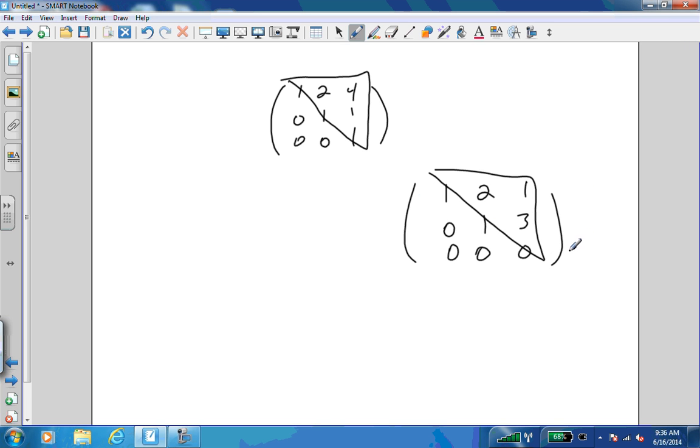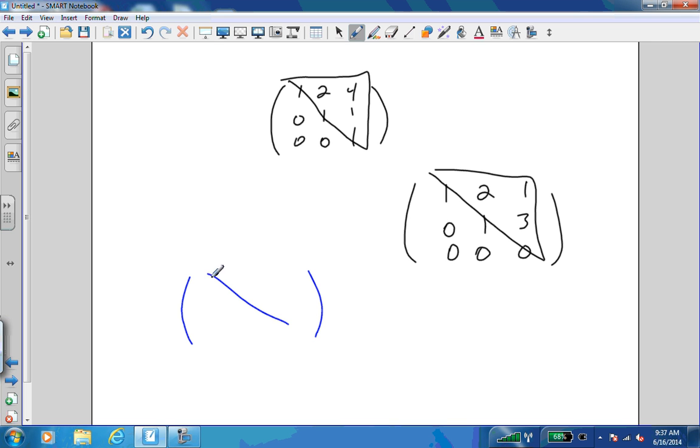That's upper triangular, because everything on the lower side is 0. A lower triangular matrix is just the opposite. Everything on the opposite side, the upper side, is 0s.